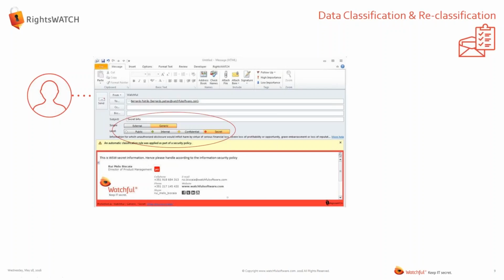So the system picks it up and automatically classifies this file as generic and secret according to our corporate policy rule. So this can be made automatically, but if your company chooses to do so, you can allow the users to change this or define this by themselves.